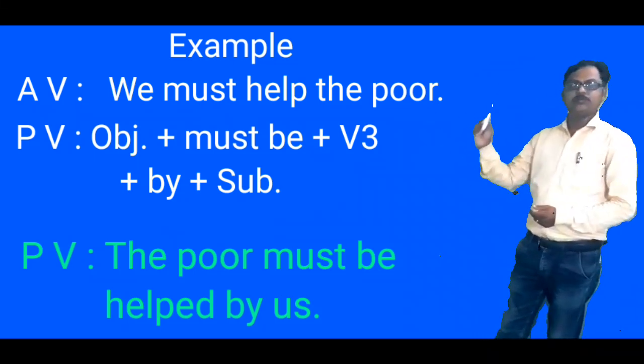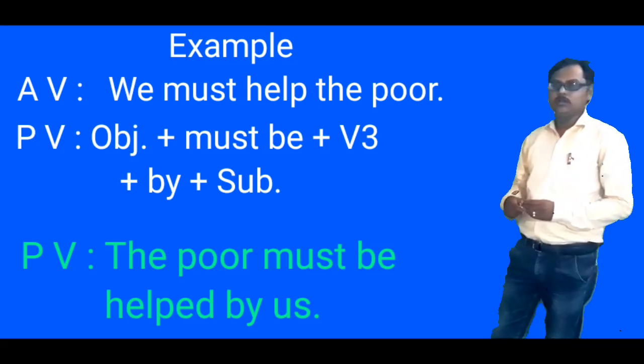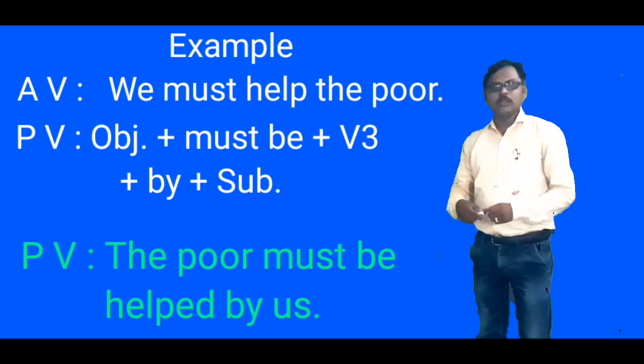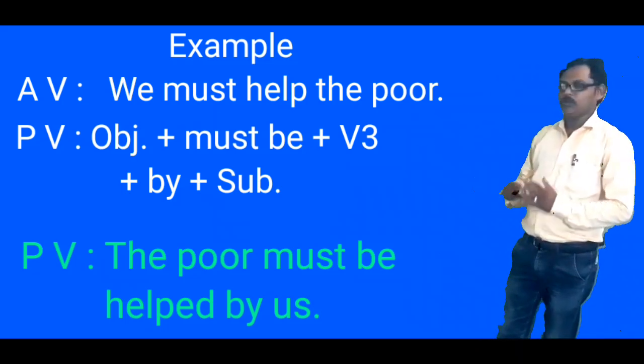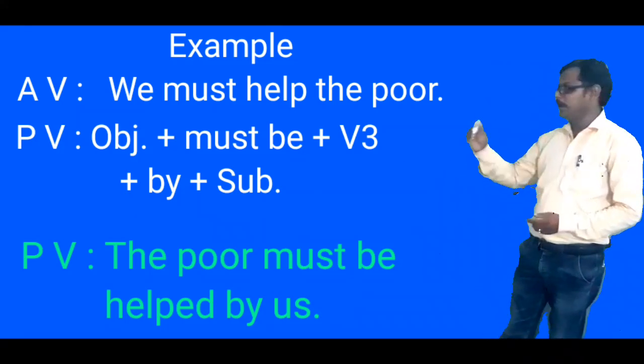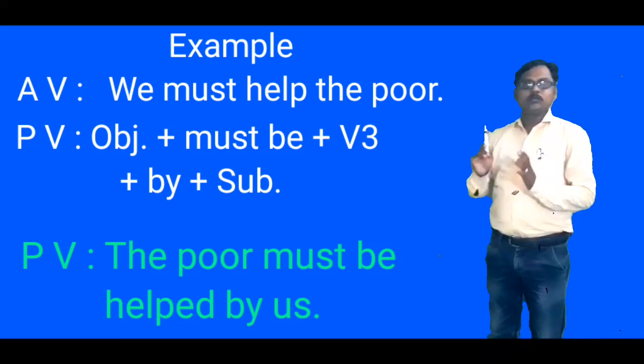So the poor must be helped. Then the preposition by, and the subject we changes into the objective case, us. So the sentence turns into: the poor must be helped by us. This is the passive construction of this sentence.